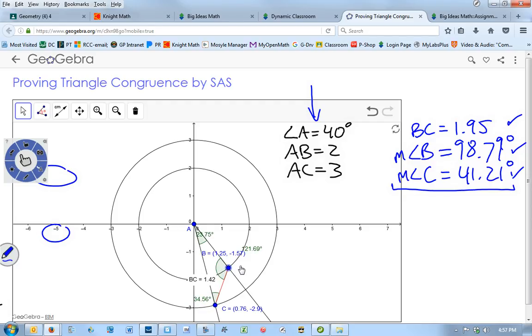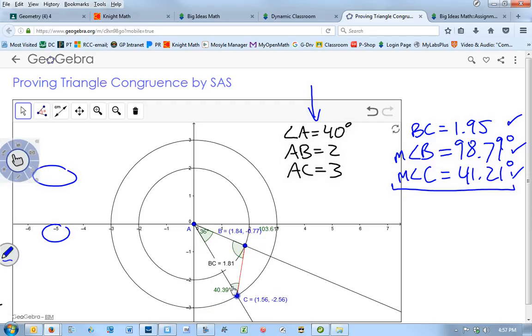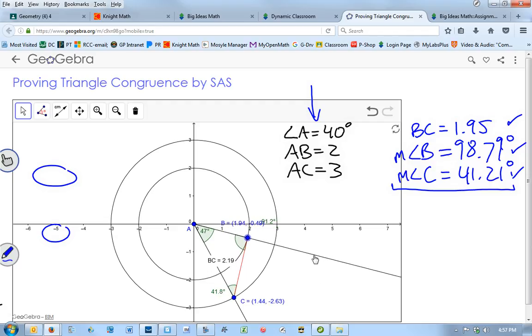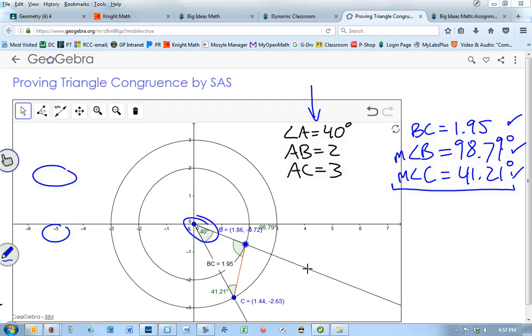Let's find some triangle down here. I'm going to try to set that to be 40 degrees and lock it in. There it is, 40 degrees. So angle A is 40 degrees, which is what we were supposed to have. This is 2 units long because it's on that circle.